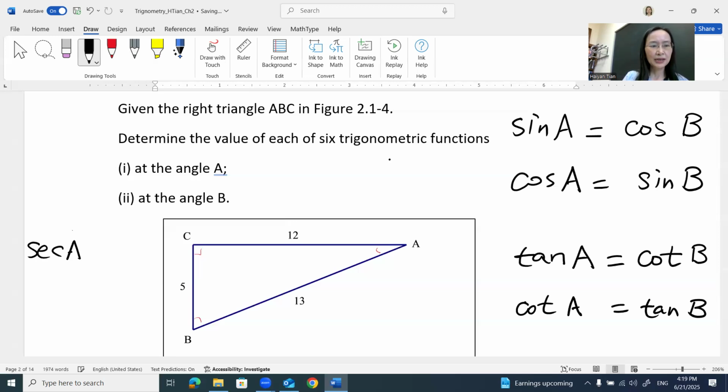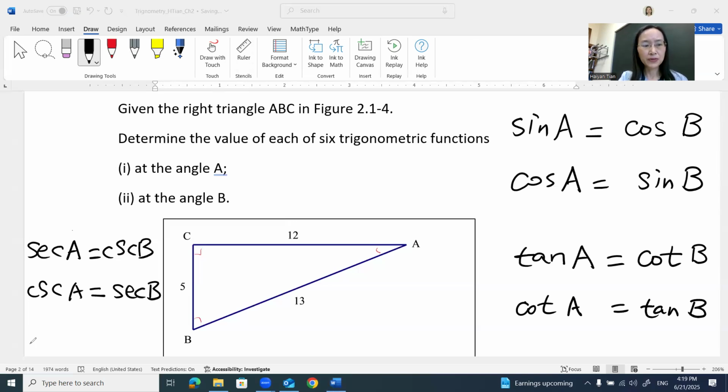Secant A is cosecant B, or cosecant A is secant B. So these identities are true for complementary angles.